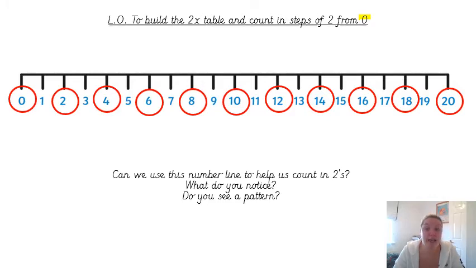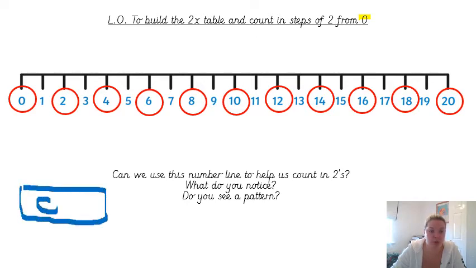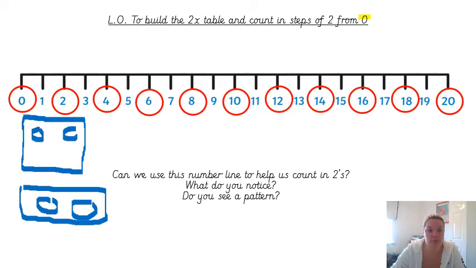They are even, aren't they? They all have a partner. So if I draw 2 in the Numicon, it has a partner, doesn't it? If I draw 4, they both have partners, don't they?